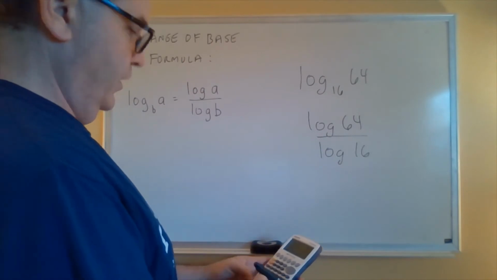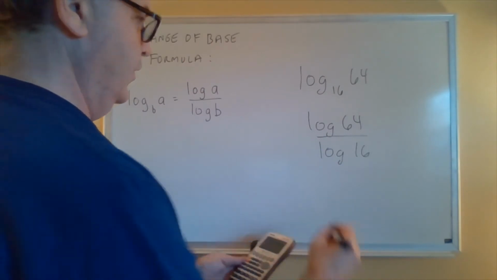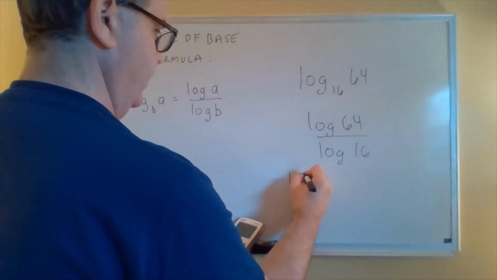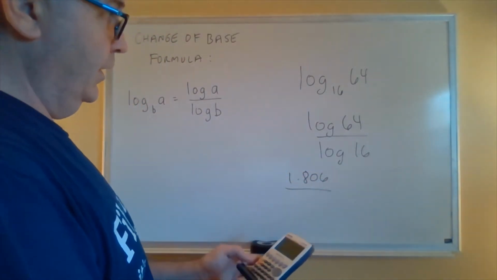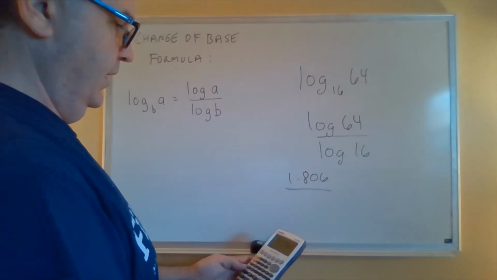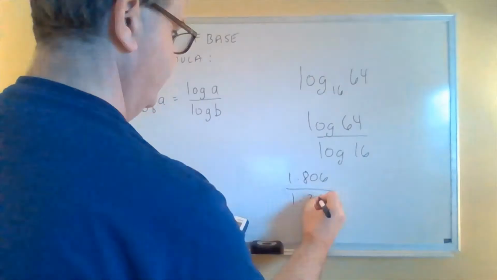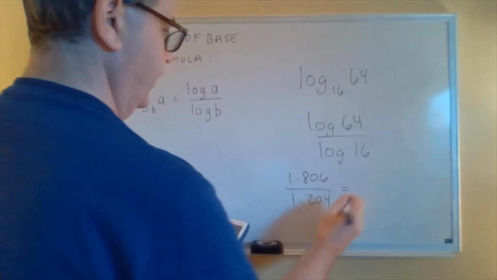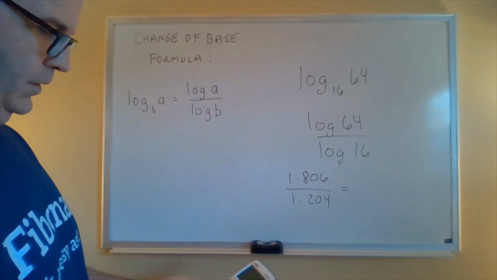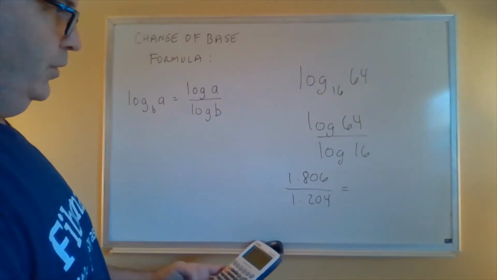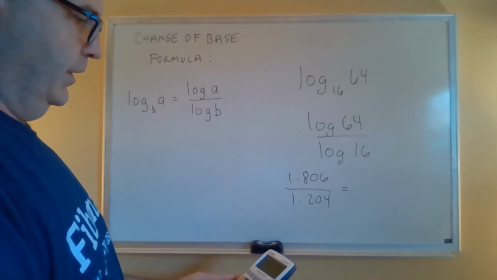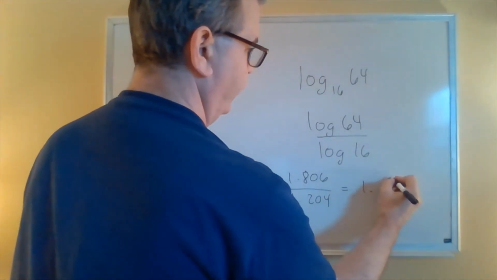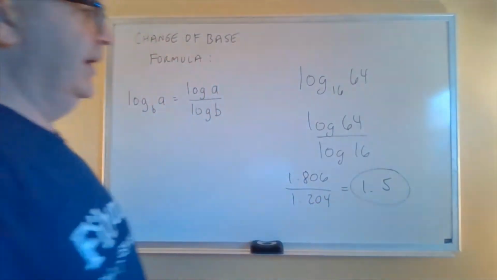The log of 64 will equal 1.806 over the log of 16, and that would equal 1.204. So 1.806 divided by 1.204 will give us the answer of 1.5, and that's our answer there.